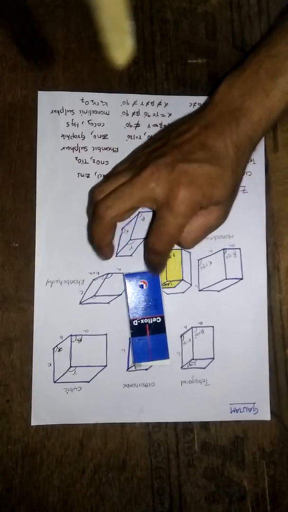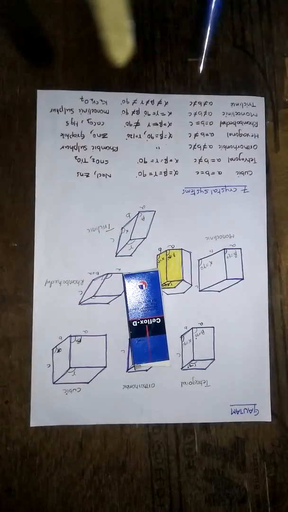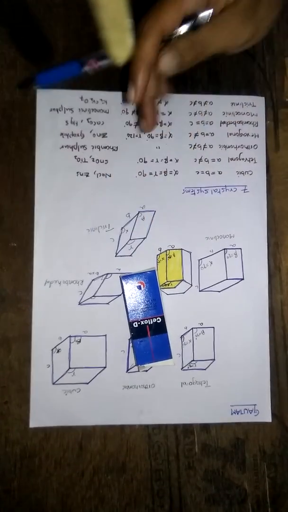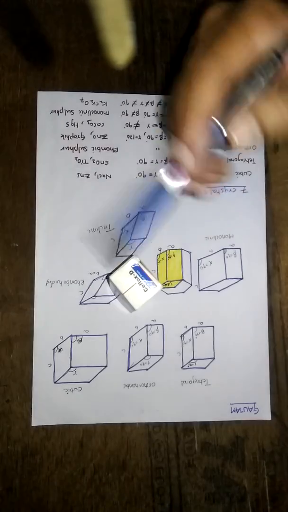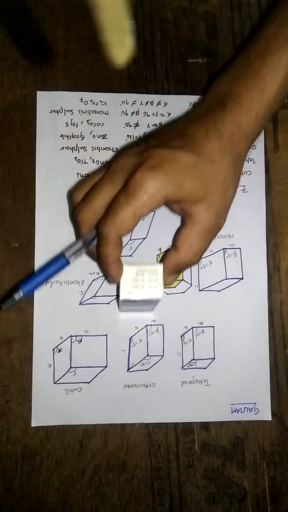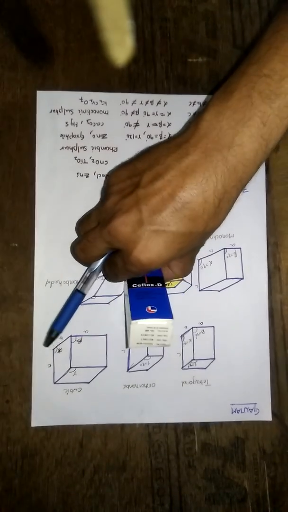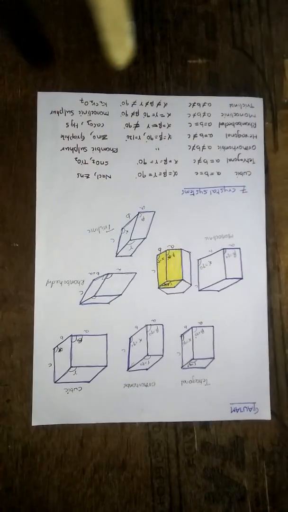But as you can see, this angle is 90, this angle is 90, and this angle is 90. All the angles present in this are 90 degrees. So this is an example of a tetragonal system.